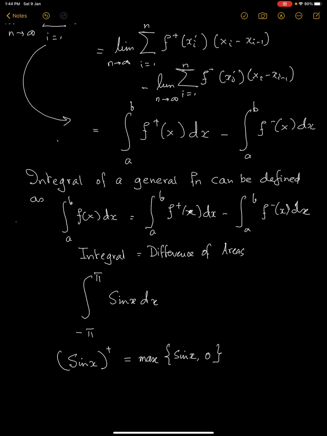So sine x plus is sine x when x is in 0 to pi, and is equal to 0 otherwise, if x is in, say, minus pi to 0. So this is what we know.